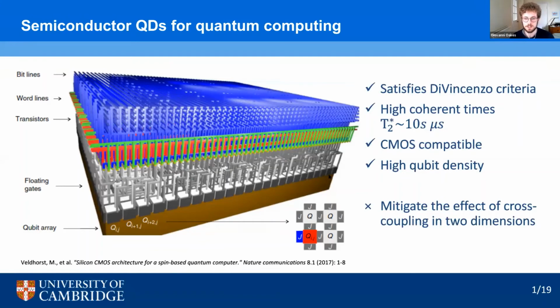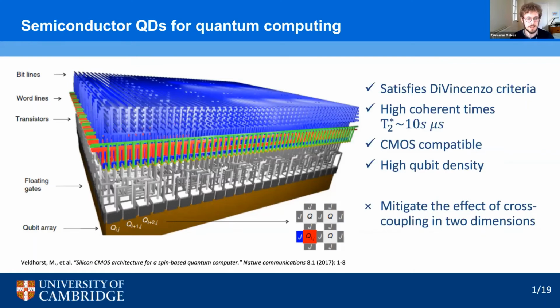And because of no nuclear spins, we tend to have quite high coherence times, with T2 stars of roughly tens of microseconds. But one of the problems with this system is that we have a lot of cross-coupling effects due to neighboring quantum dots. So if you vary one of the gates, it's likely to affect all of its neighbors, making it very hard to control each quantum dot independently.